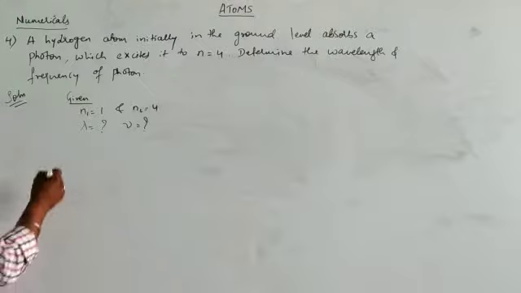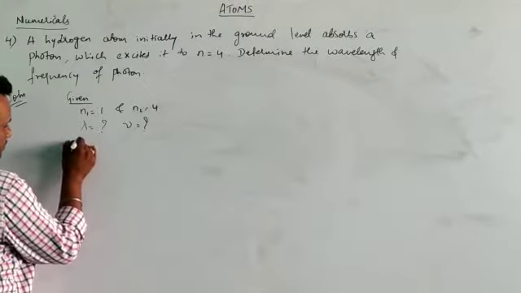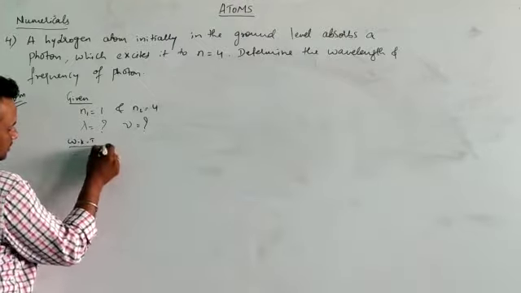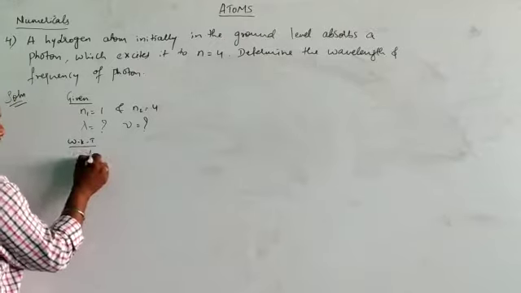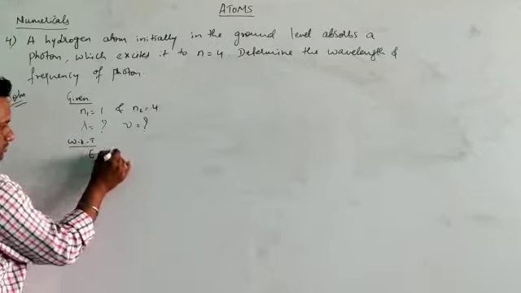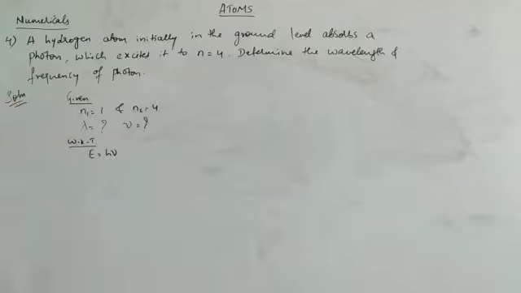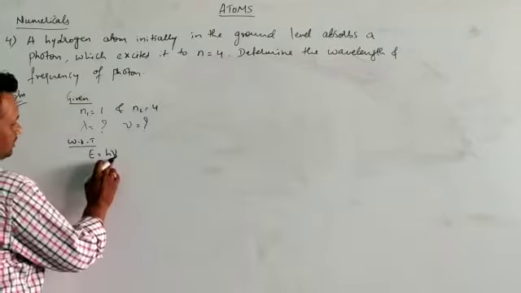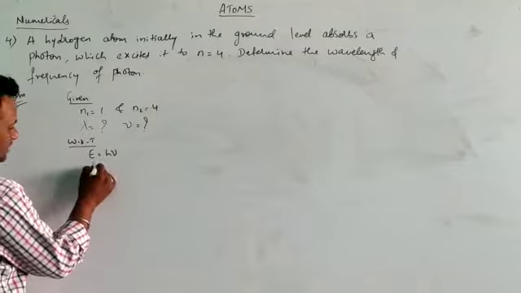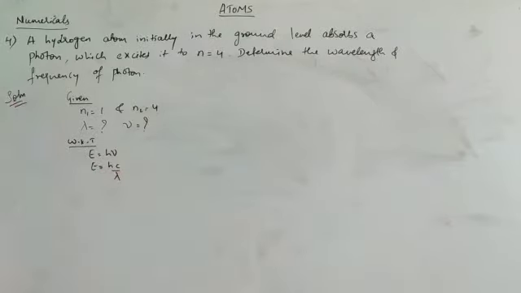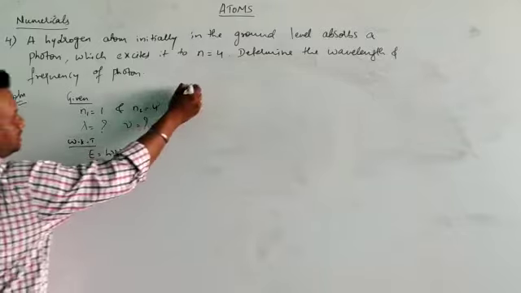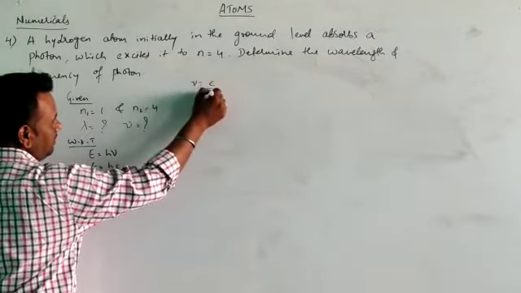So as we know that energy of the photon is given by E equal to h nu, right? So this can also be written as E equal to h c by lambda, because we know this relation, nu is equal to c by lambda.